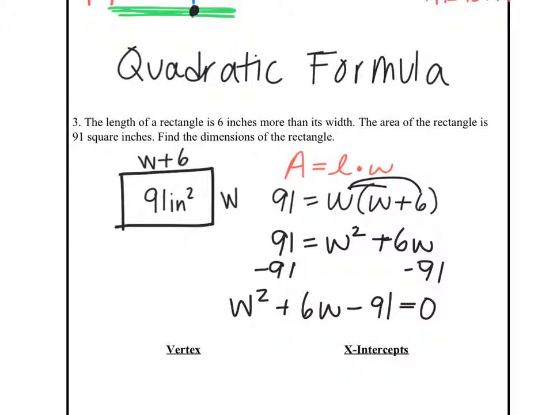Look at your chart, your flow chart, or think about it. If I want to solve for the width, or W, what's the best way to solve? Start at the top right of your chart. Go through. A is 1, B is 6, C is negative 91. Go through, talk about it, think about it. How should you solve?